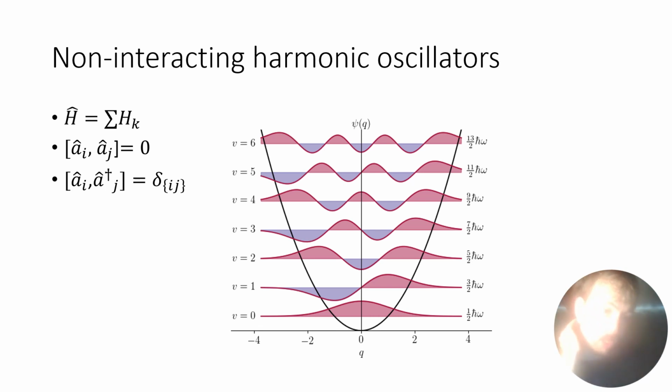And if we're looking at the creation and annihilation operators, the commutator will equal 0 if we're talking about different oscillators, but if we're talking about the same oscillator, then the commutation we had from the previous slide holds, and it will have to equal 1, thus we get that the commutator of a hat i and a hat dagger k must equal the delta symbol.